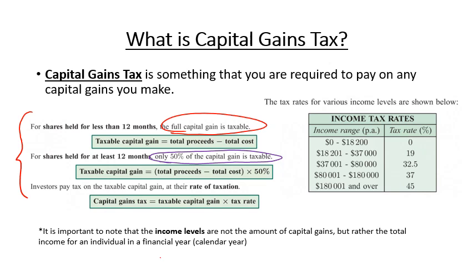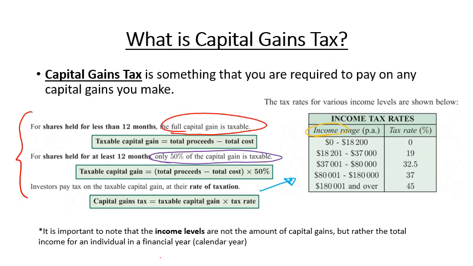Investors pay tax on taxable capital gain at their rate of taxation. The rate of taxation comes from this table over here, the income tax rates. It's important to note that income doesn't just mean the capital gains.